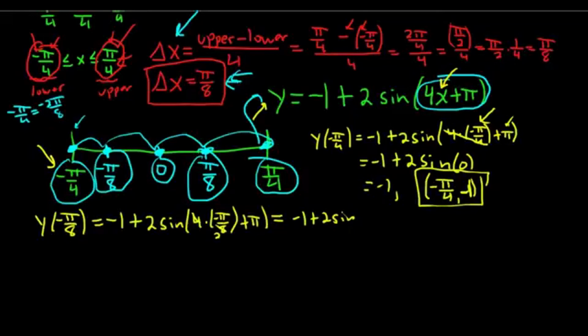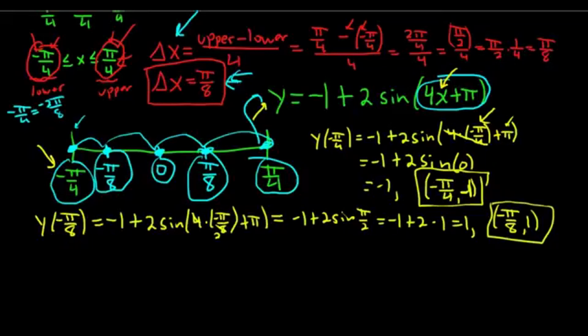So negative pi over 2 plus pi is pi over 2. So you get negative 1 plus 2 times the sine of pi over 2, which is 1, right? So we get negative 1 plus 2, so we get 1. So our other ordered pair is negative pi over 8, 1. Wow, a lot of work. Negative pi over 8, 1. So I'm going to put that in a box.